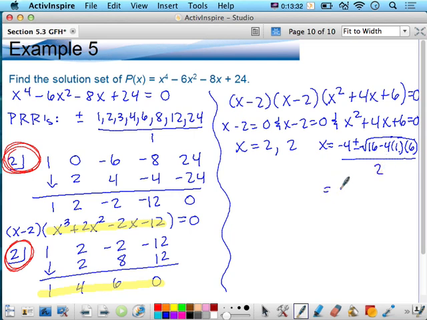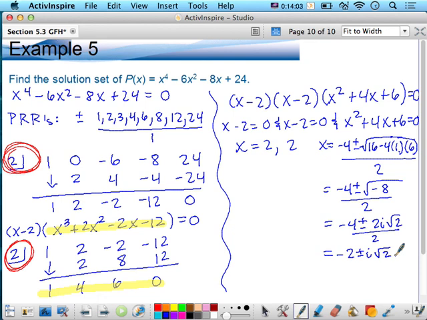So we have -4 plus or minus the square root of 16 minus 24, which is -8, all over 2. And these are going to be imaginary roots. So we have -4 plus or minus 2i square root of 2 all over 2. And those simplify into -2 plus or minus i square root of 2.